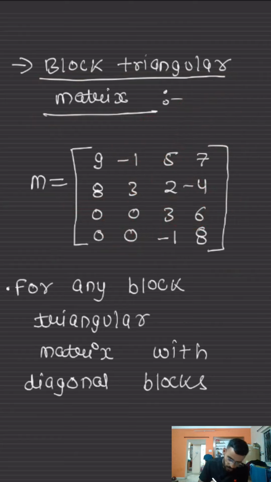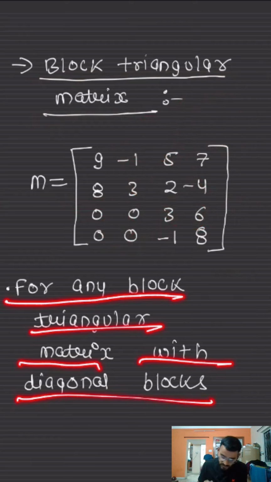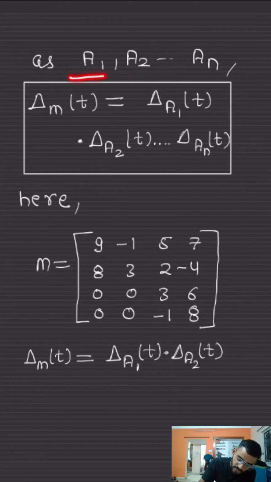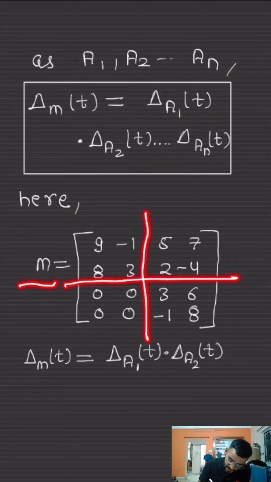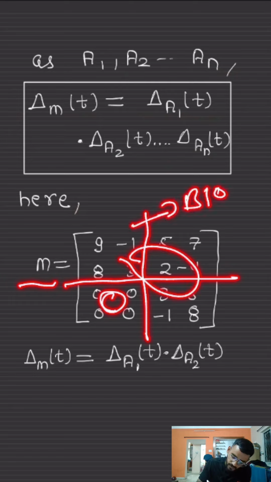Now for any block triangular matrix with diagonal blocks A1, A2, ..., An, the characteristic polynomial of M is the product of the characteristic polynomials of these diagonal blocks. Which means, let's say we divide M into blocks, and M is a block upper triangular matrix.